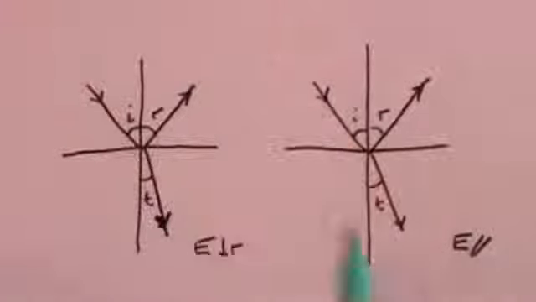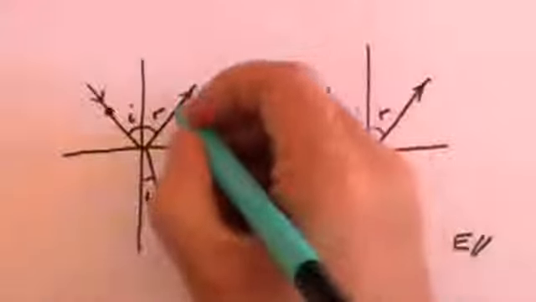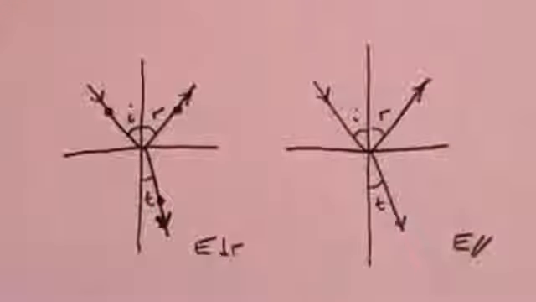So this is the perpendicular one, which we will draw with a dot. The dot simply means that the E field is coming out of the paper straight at you. That's the component of the E field in the perpendicular direction.